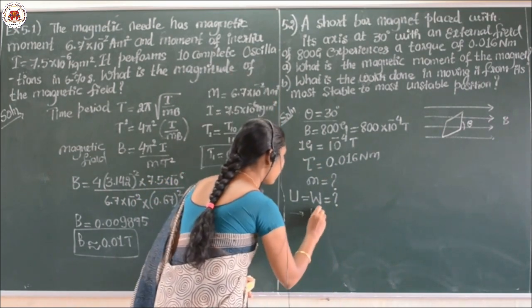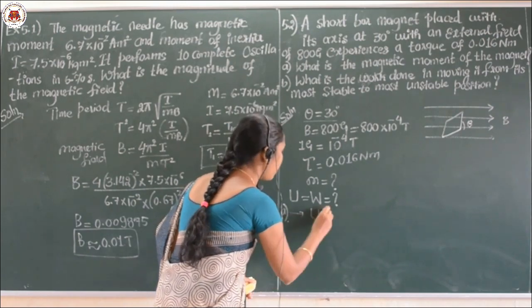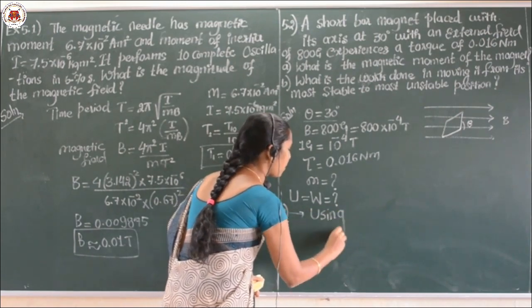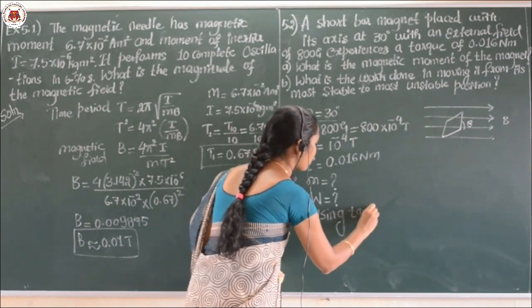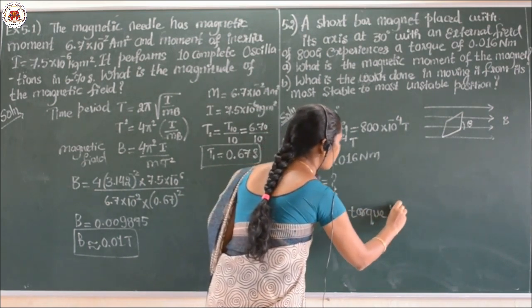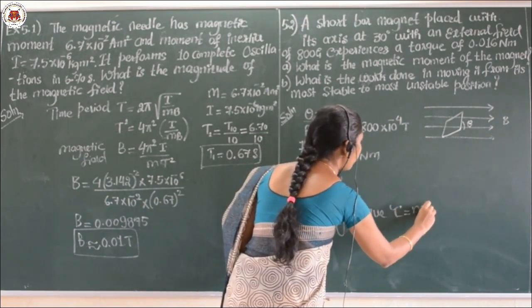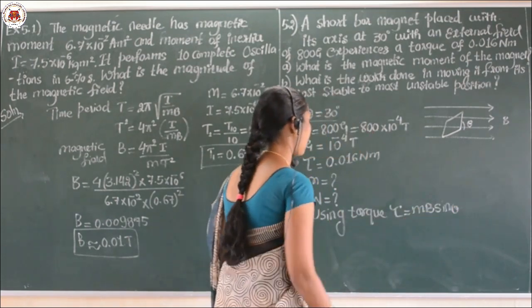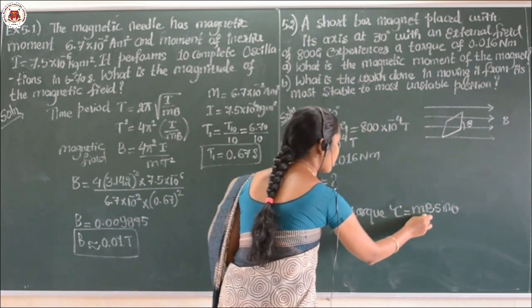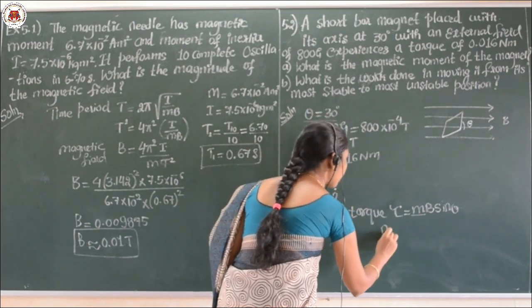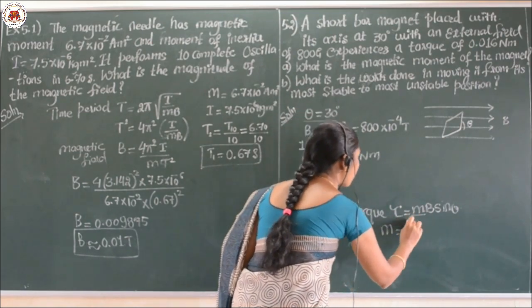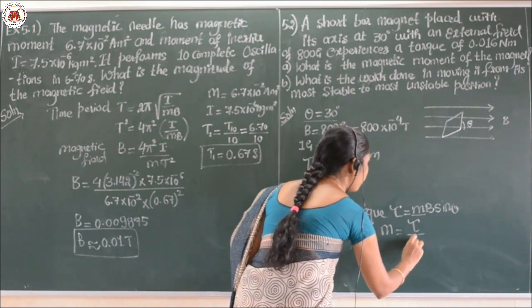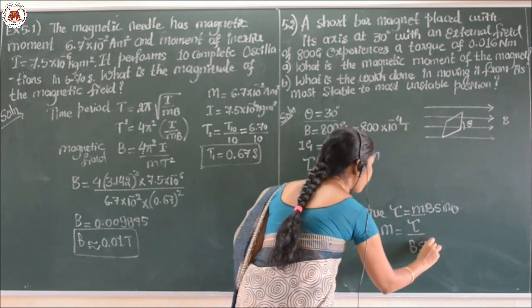Yes, first one A, using torque tau is equal to mB sin theta, so here itself you can separate this, m is equal to tau upon B sin theta.